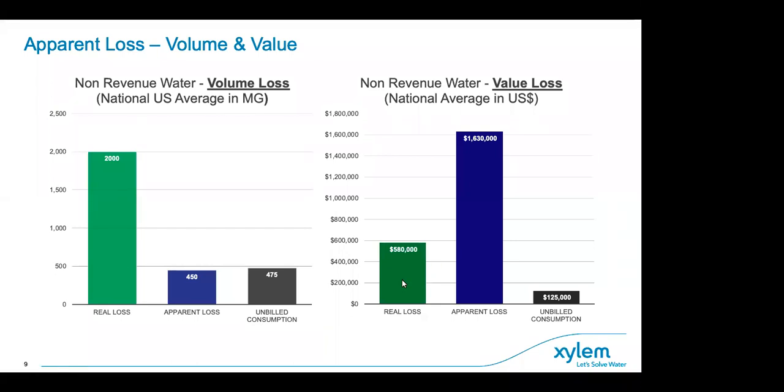The reason is that for real losses you use the production value, whereas for apparent losses you use the commercial tariff. And unless the water tariffs are subsidized, the commercial tariff is always higher than the actual production cost. So this shows that there is a very substantial value of water lost through apparent losses, and hence why it is equally important that it should be tackled.